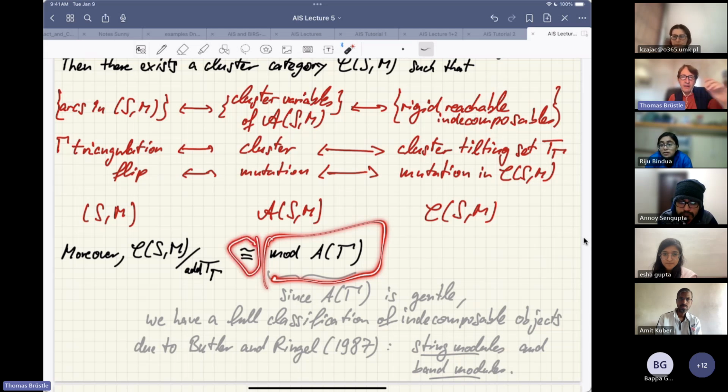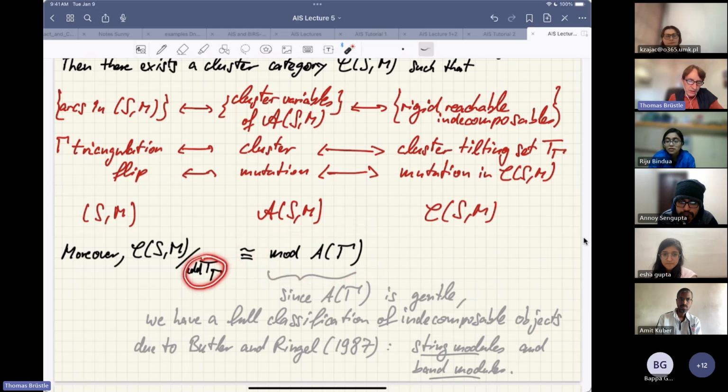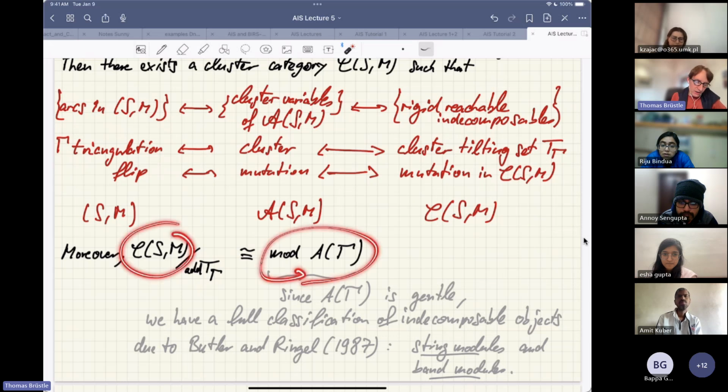I told you in general there are infinitely many cluster variables. So up to a finite set of objects that we can control very well, which are just the arcs in the given fixed triangulation, up to those finitely many, we have a bijection between the indecomposables here and the indecomposables here.